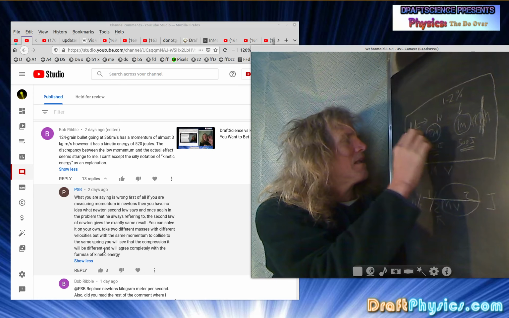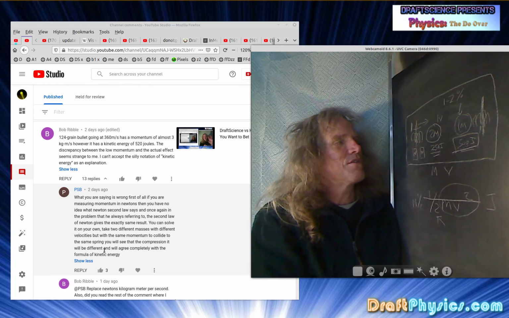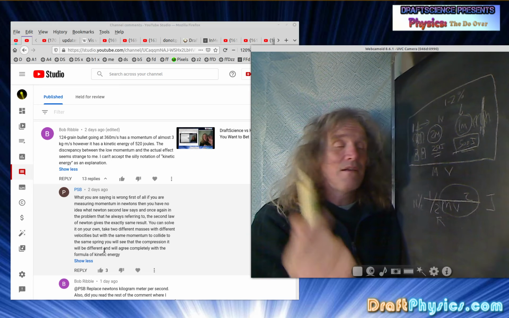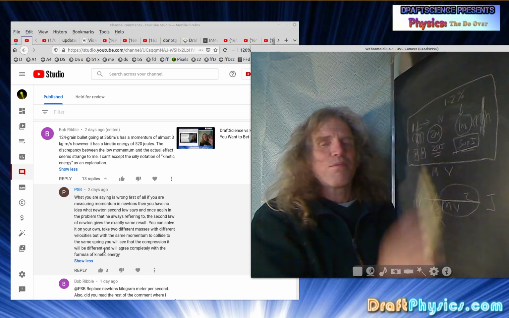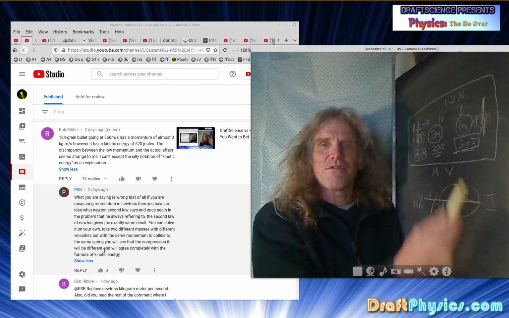It'll go back and it'll make more energy. 250 extra joules of energy will be created merely by replacing a heavy thing with a light thing. Merely by doing the experiment a little differently.